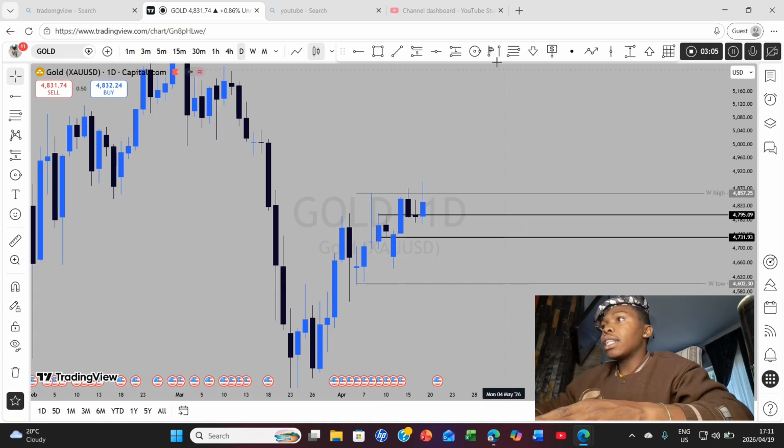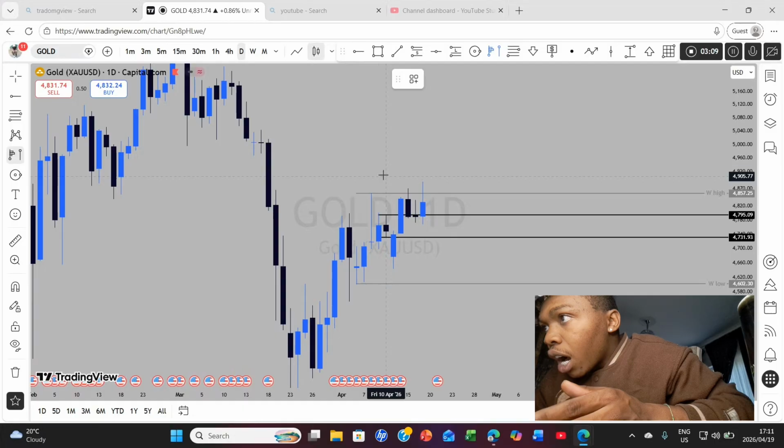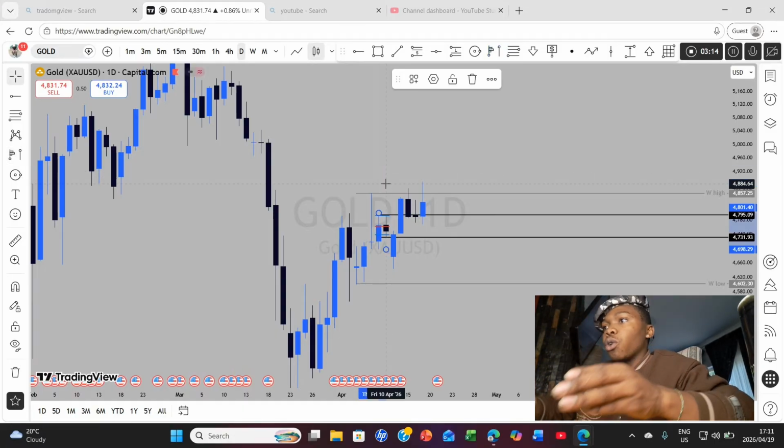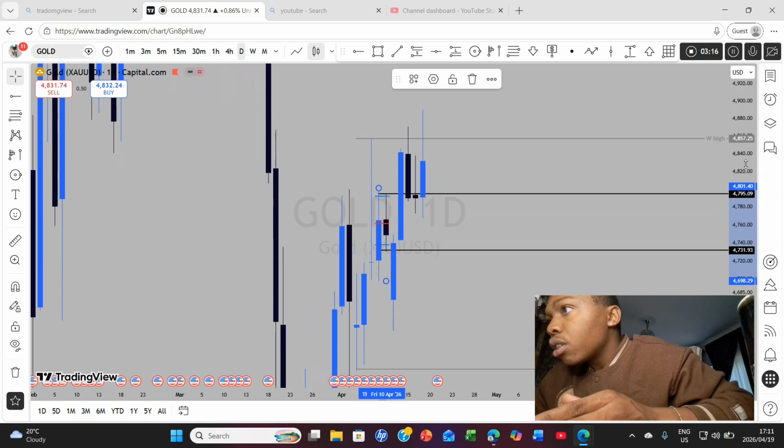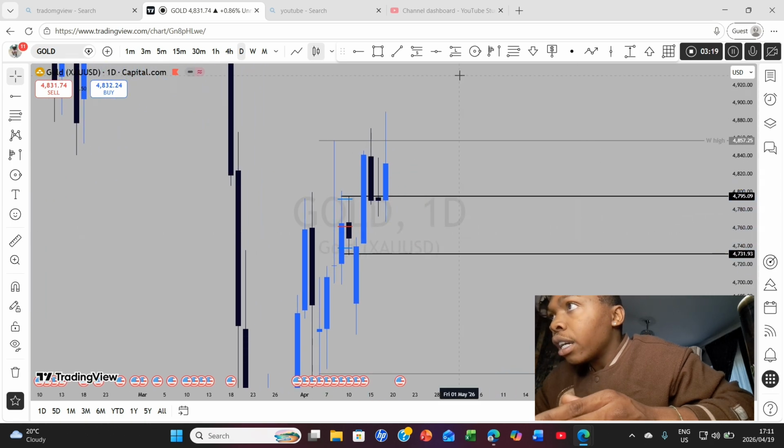And then we're gonna take the fixed range volume price. So we're gonna mark it from Thursday to Friday to get the accurately key levels. This is market profiling.